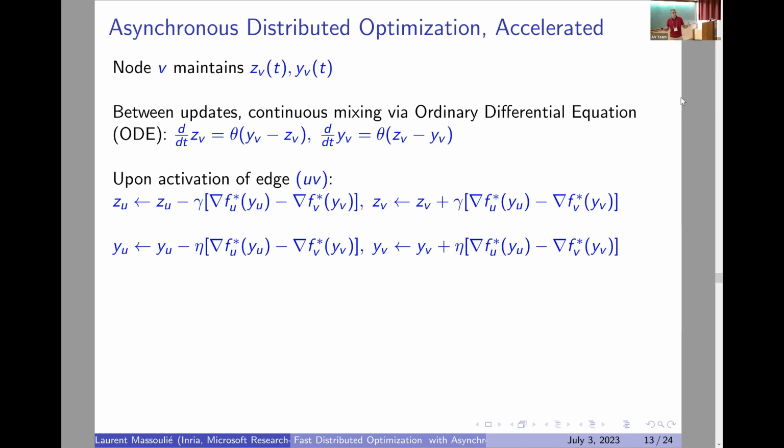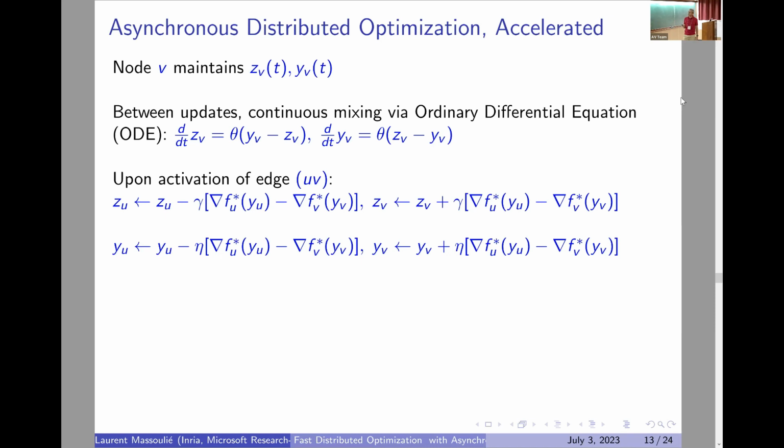So between updates, a user V, holding vectors Y_V and Z_V, lets them evolve according to an ODE, bringing them slowly together. Okay, that's the ODE that is written here. Whereas upon activation of an edge, again at some random instant of a Poisson process, they update their individual vectors by exchanging dual gradients based on their Y variables.